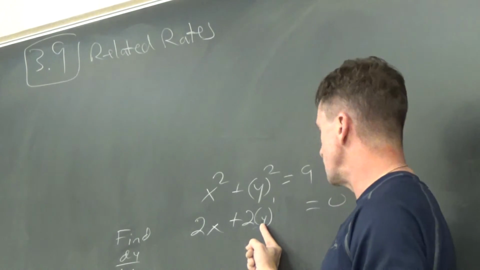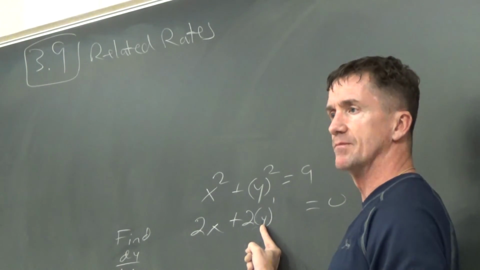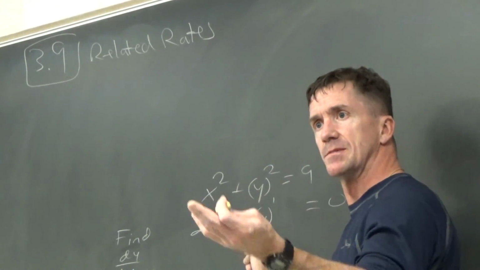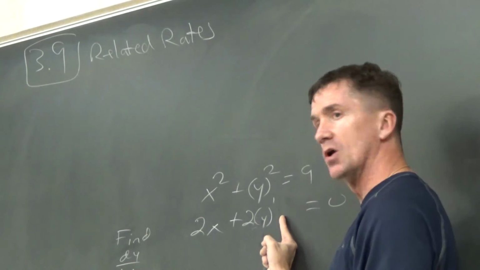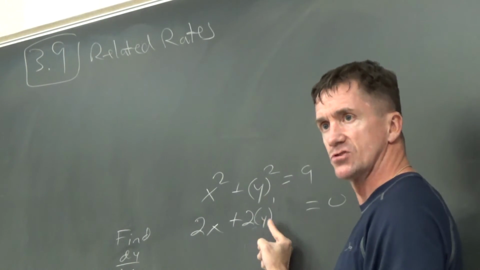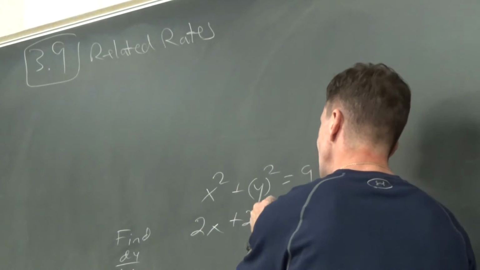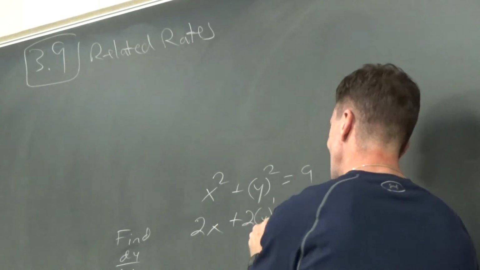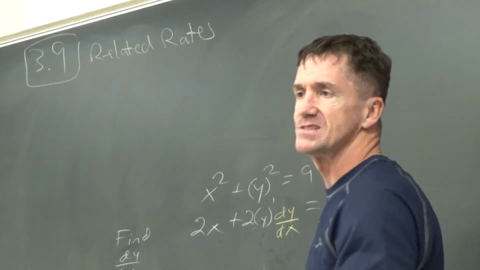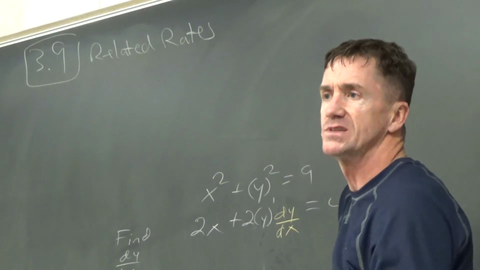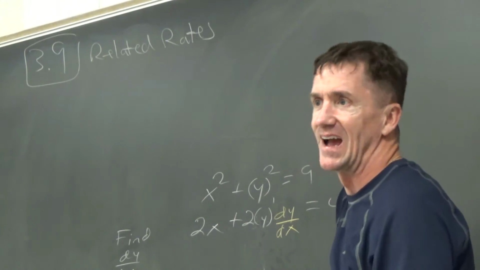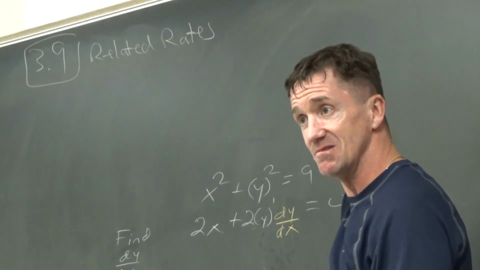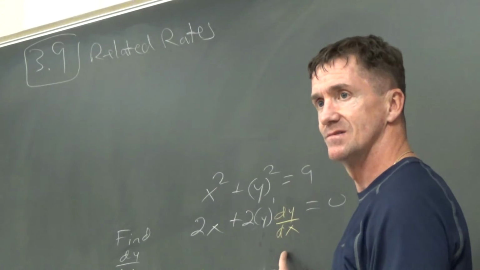Chain rule said always multiply by the derivative of the inside, the g prime. So I'll say this to myself and I'll write it down: then I have to put the derivative of that letter with respect to x. But to keep it simple, every time we did implicit, we said just put down a dy/dx. Every time we differentiate y, it makes it easy. True? Everyone okay with that?